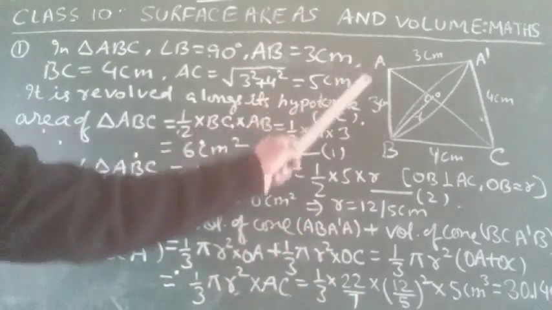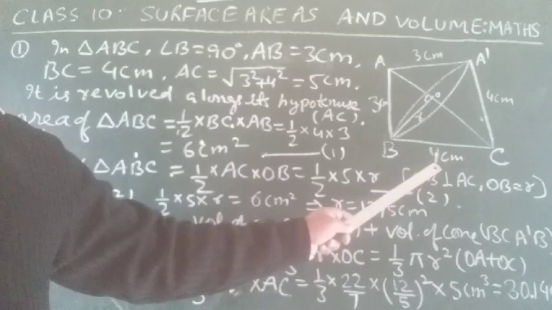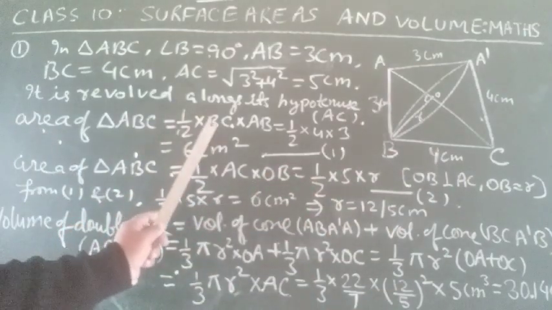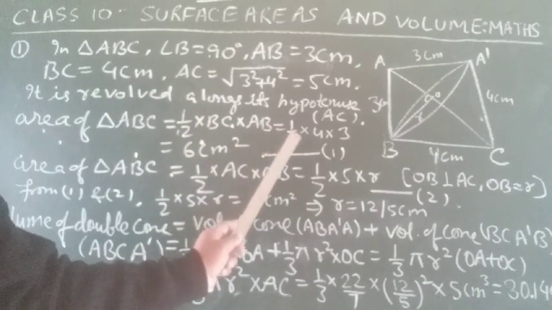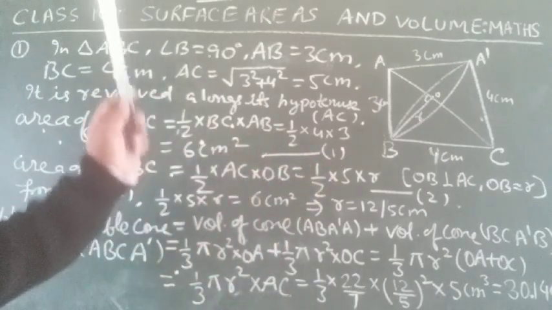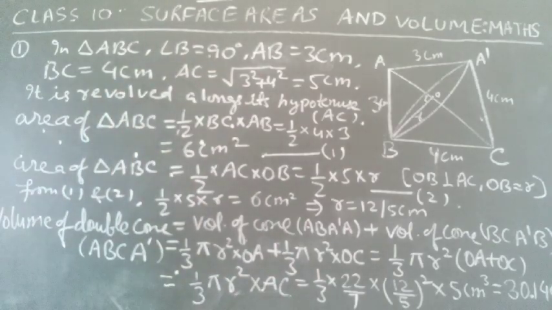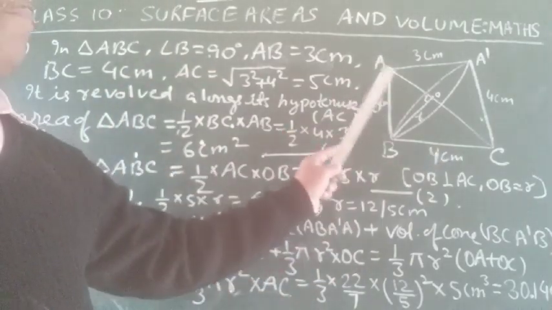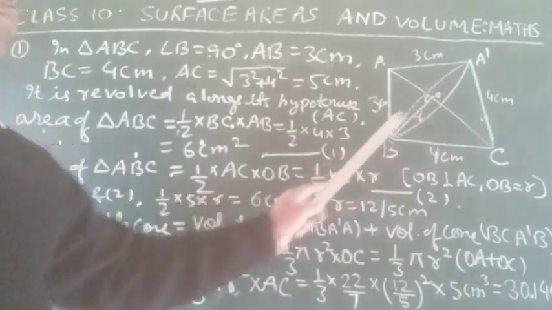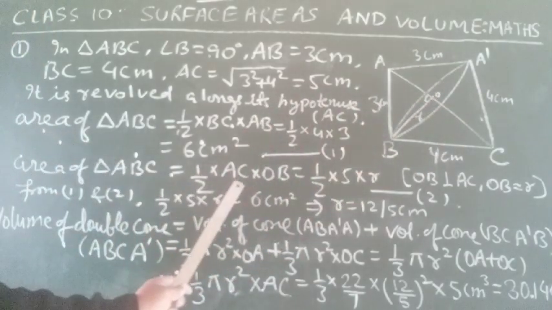So first you find the area of triangle ABC. BC is 4, AB is 3 centimeter. The area of triangle ABC is half into BC into AB, half into 4 into 3, which is 6 centimeter square. Now the area of triangle ABC with the help of the hypotenuse and this perpendicular is half into AC into OB.